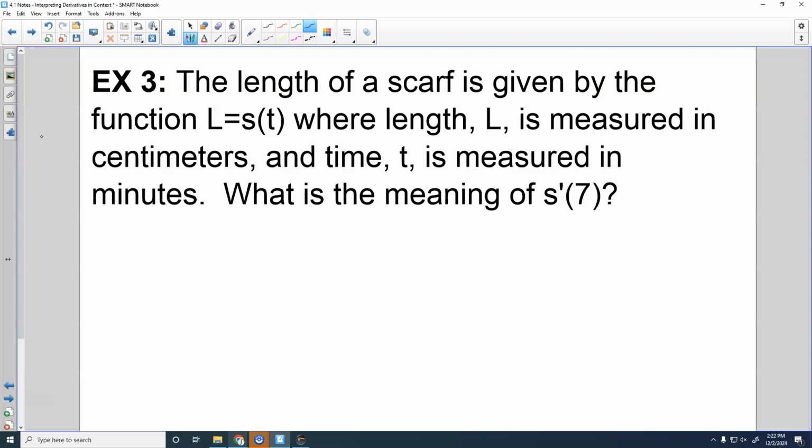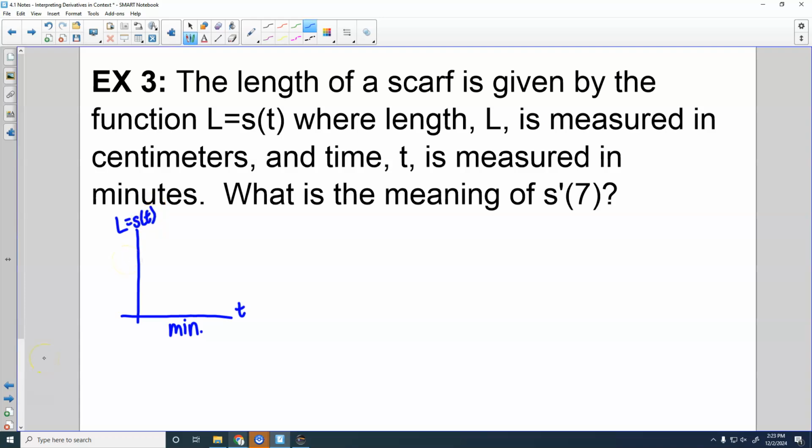So, if I think about a graph right here, I am going to have what variable on my x-axis? T, which stands for time, and it is measured in what? Minutes. Okay? And then I could call this either L or S of T. What does it stand for?